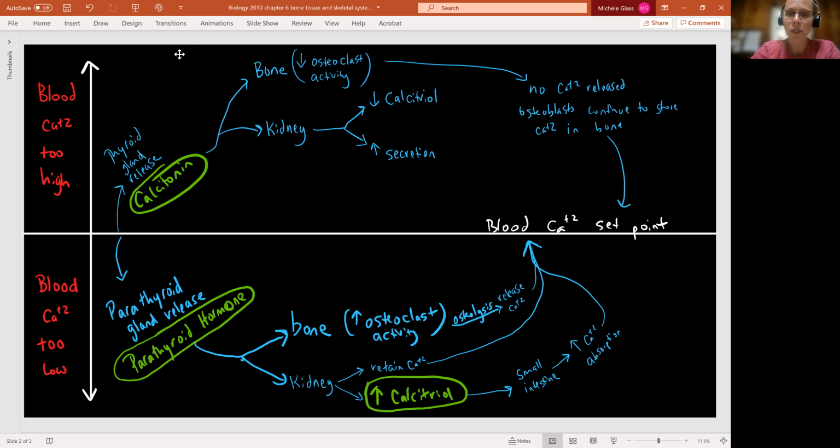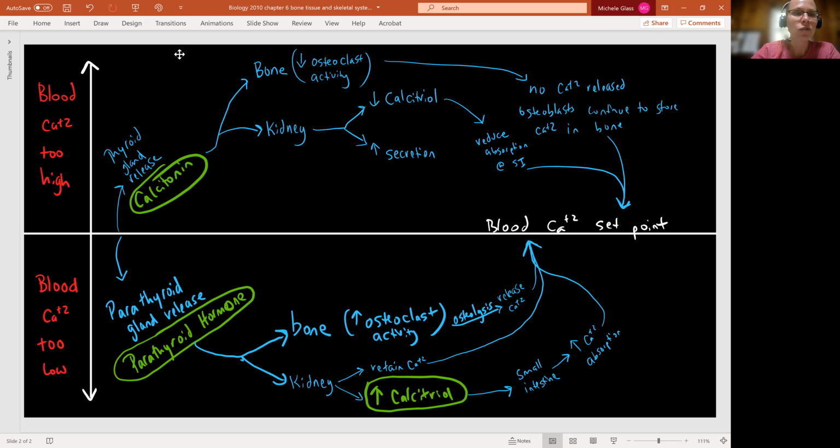Okay, so if we reduce our amount of calcitriol, we're going to be reducing absorption at the small intestine. And so this is going to help to reduce calcium levels. So we are reducing absorption of calcium at the small intestine. So any calcium that you've eaten is just going to pass through.